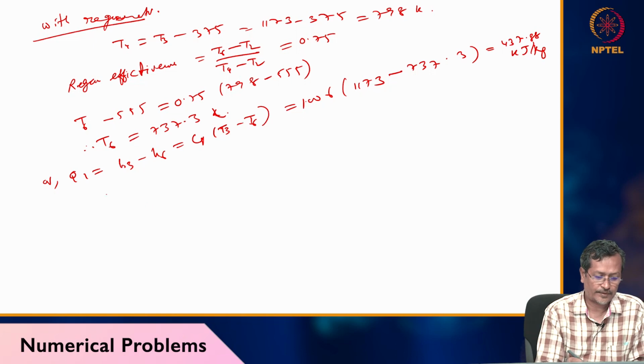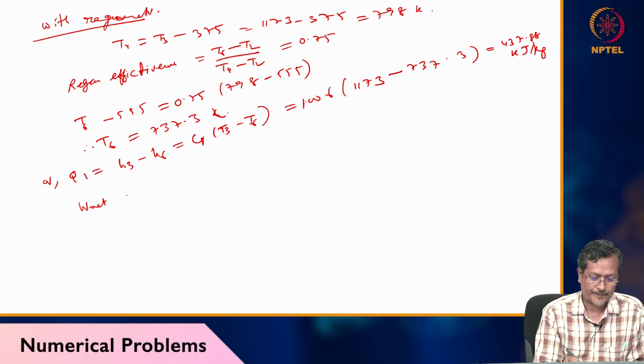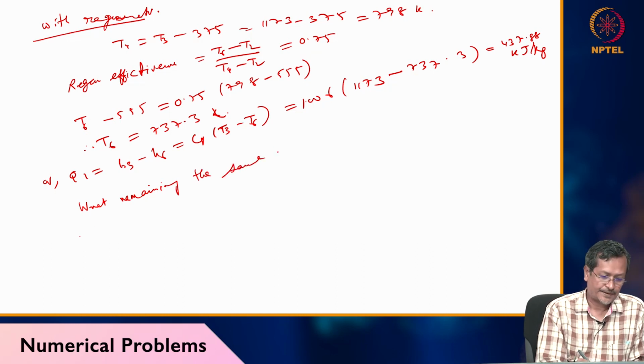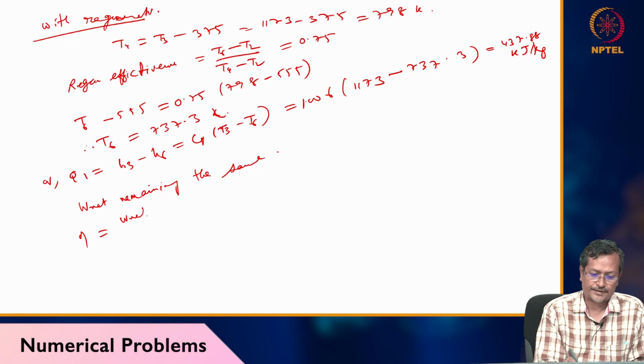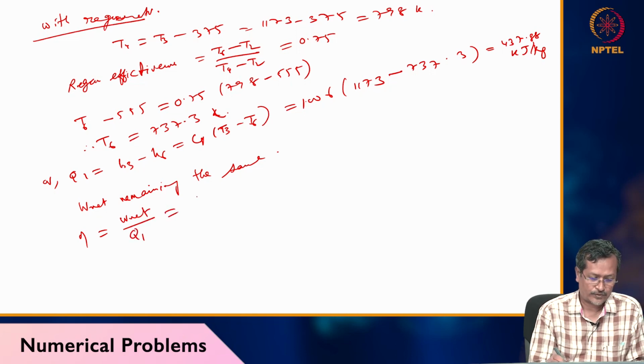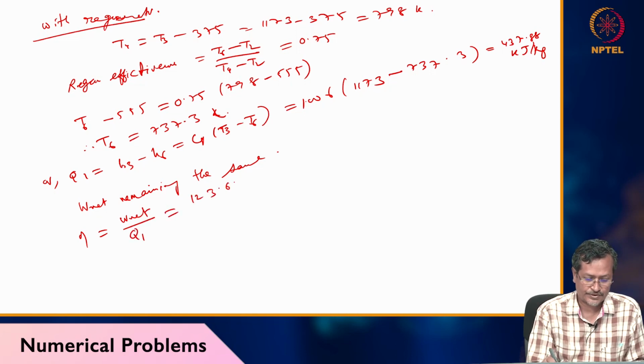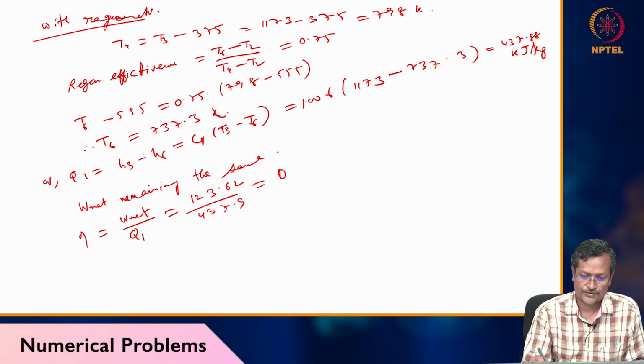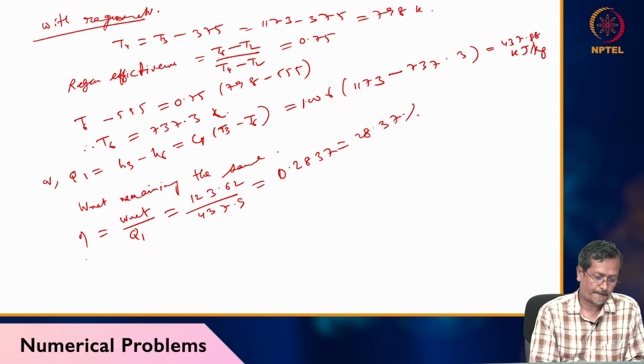Now Wnet remains the same, so eta equals Wnet over Q1 equals 123.62 divided by 437.9 equals 0.2837, equals 28.37%.